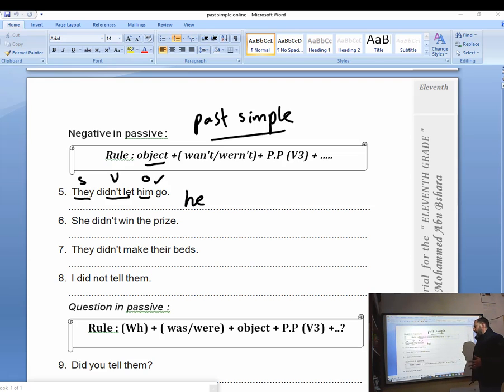We change it into I. So always we change the objective pronouns to subjective pronouns if we want to change the sentence from active to passive. He, of course, we use wasn't for he because it is singular. He wasn't let to go.